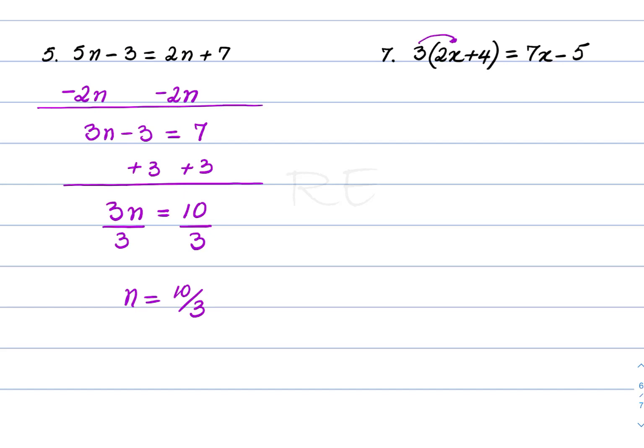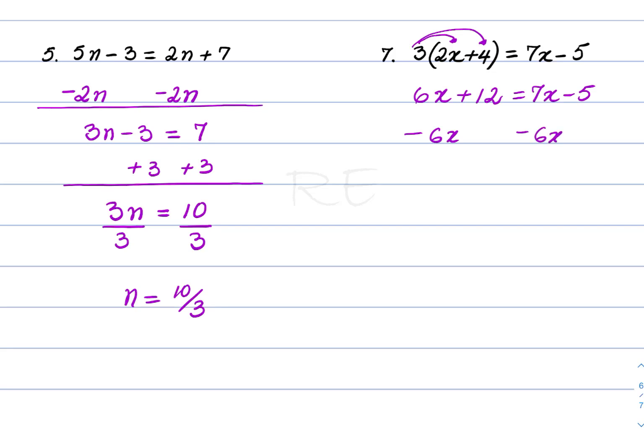For 7, we'll use distribution. 3 times 2x will be 6x. 3 times 4 is 12. We leave 7x minus 5 alone. Now we're going to move 6x to the right side.